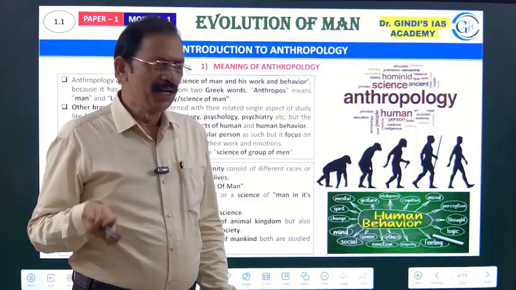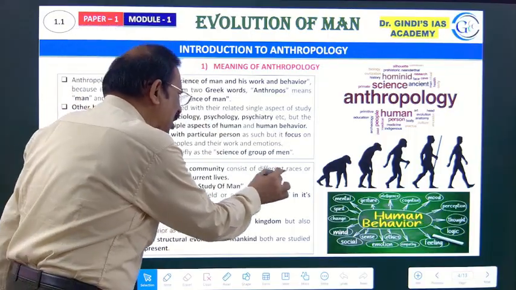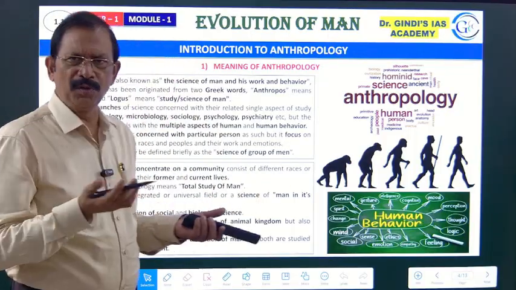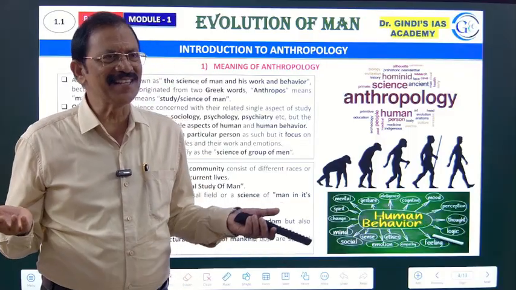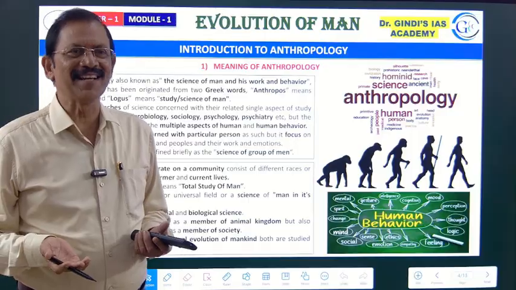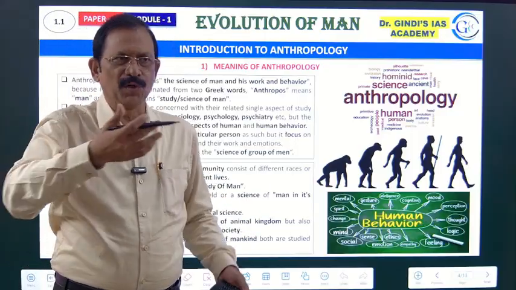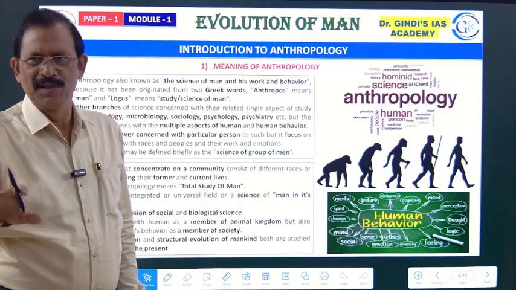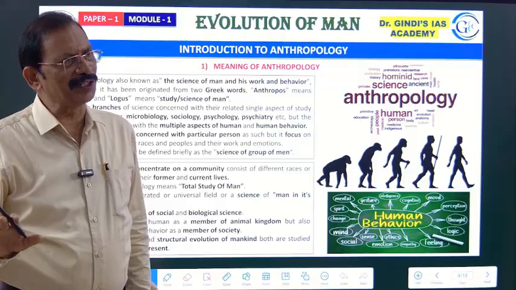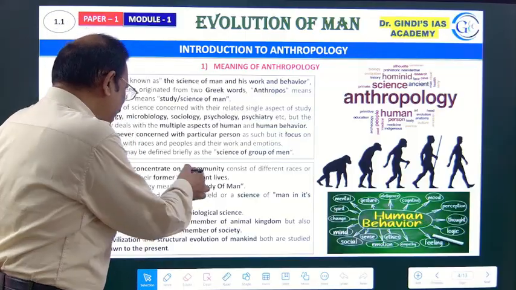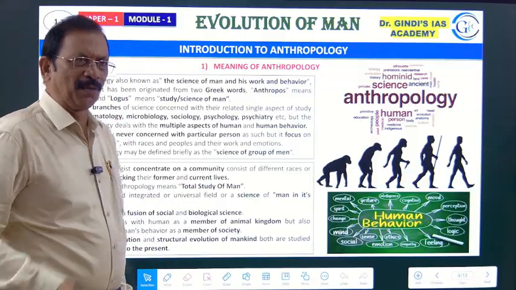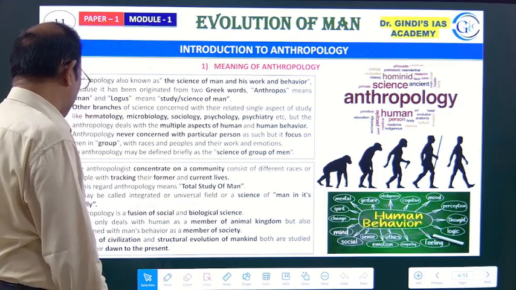A community consists of different races. We are going to discuss the different races: Caucasoids, Mongoloids, Negroids, and different subraces also. There is a separate chapter; in this class I am giving only an introduction. So former and current lives, past and present, we are going to discuss.